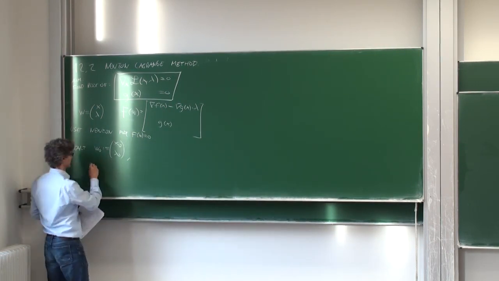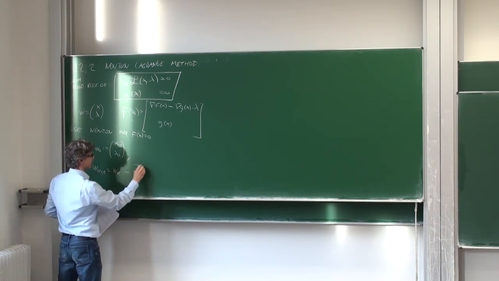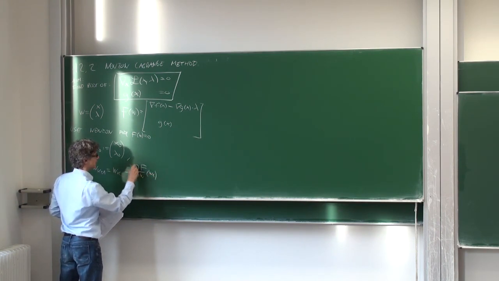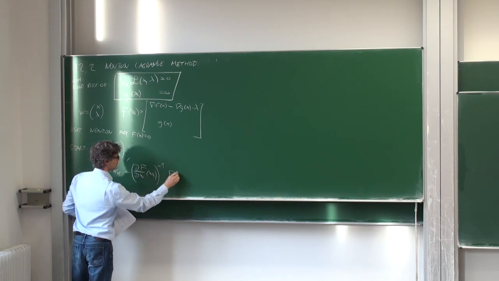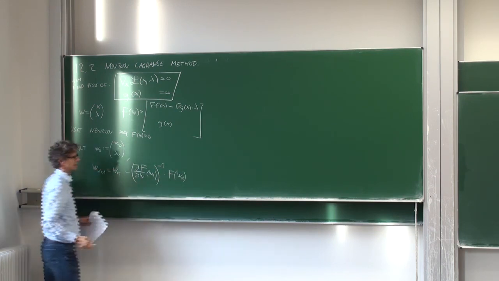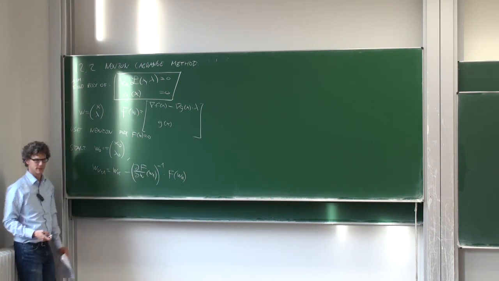And then we get actually the wk plus 1 from this typical relation that we have in Newton's method, which takes the derivative of our nonlinear function, inverts this, and applies it to the residual.